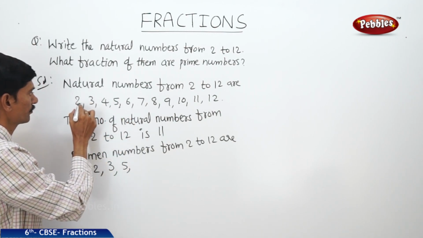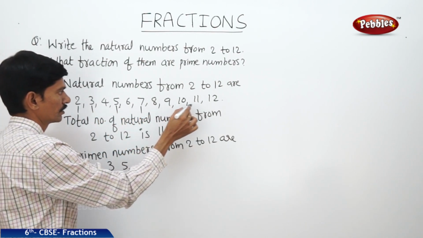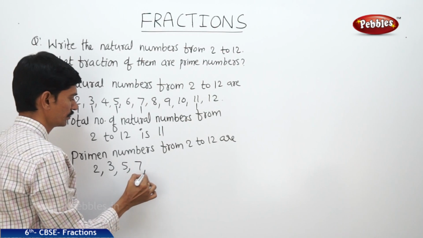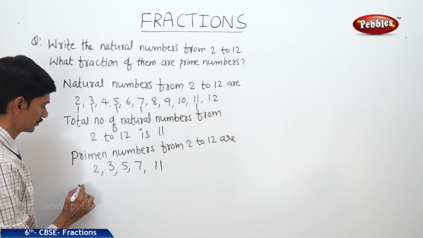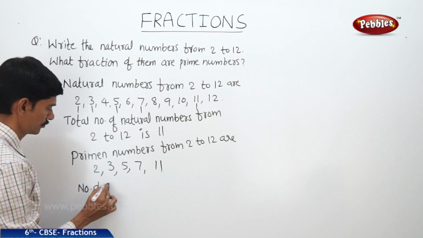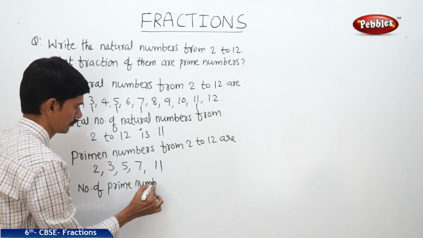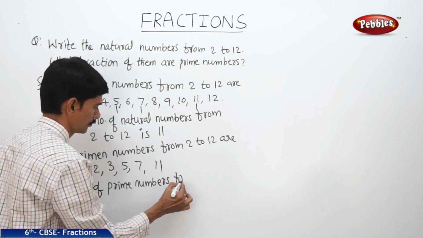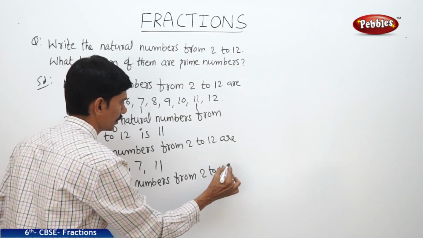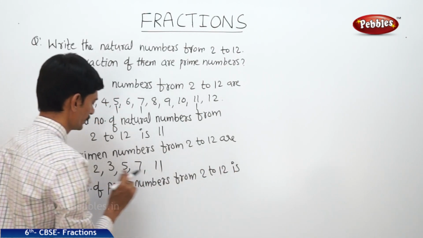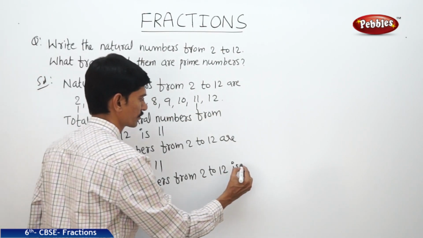So these are the prime numbers: 2, 3, 5, then 7, 11. 2, 3, 5, 7, 11. Now the number of prime numbers from 2 to 12 is 1, 2, 3, 4, 5. So there are 5 prime numbers.